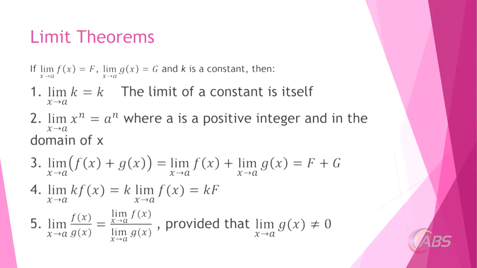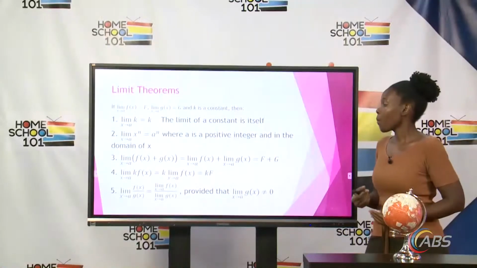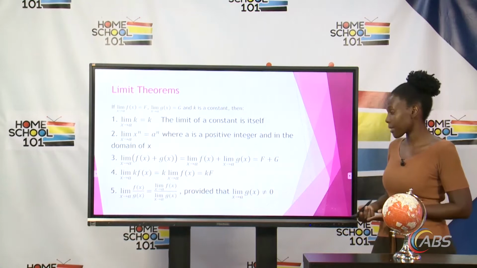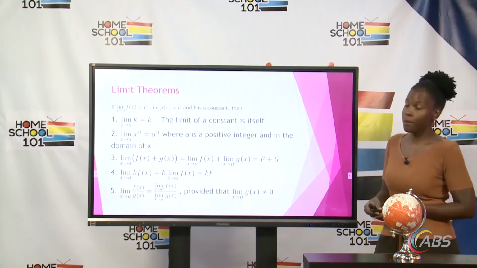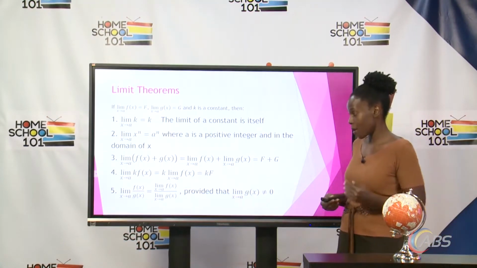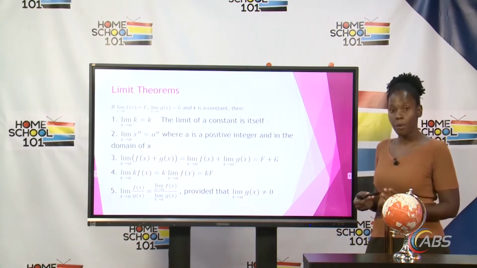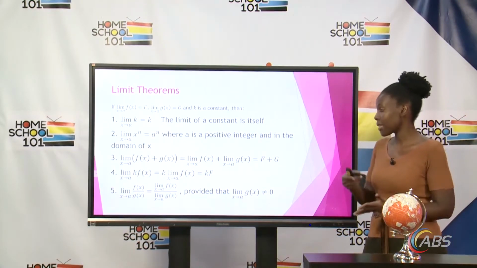The fourth limit states that once we're finding the limit of an expression or a variable that is being multiplied by a constant, we can simply evaluate the function and then multiply by that constant. And the final theorem states that once we have a limit of a fraction, we can evaluate the limit of the numerator and the denominator and then combine.